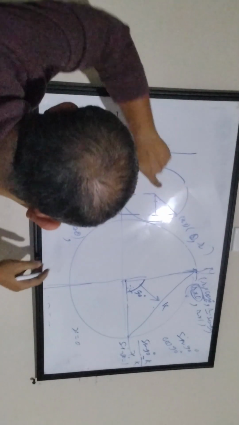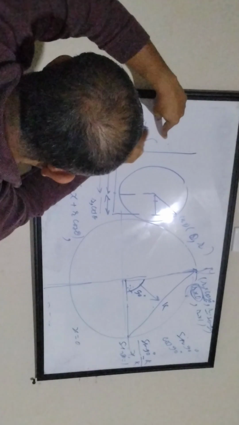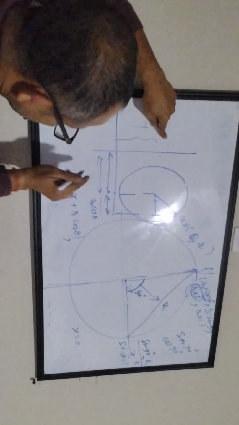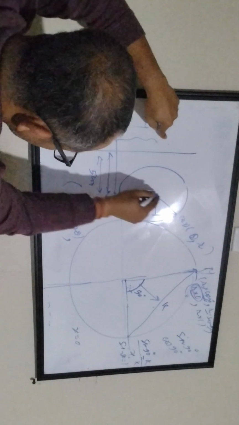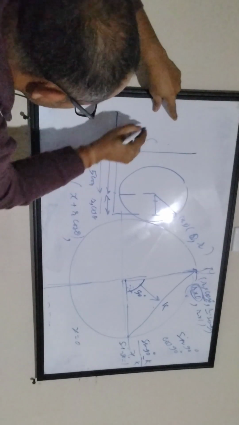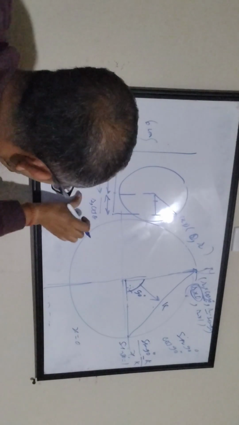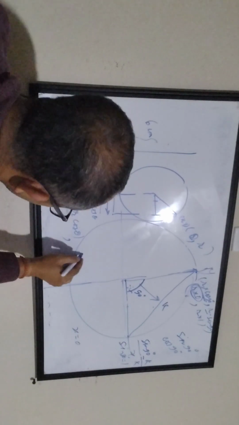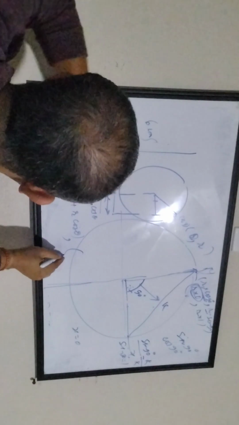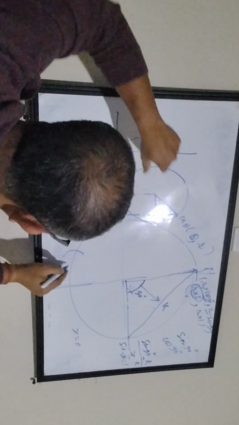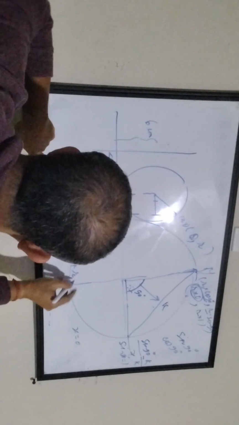For the sake of simplicity, let's say this is 5 centimeter away from here, and this is 6 centimeter away from the origin. So the x coordinate becomes 5 plus r cos theta, and your y coordinate will become 6 plus this height, so 6 plus r times sine theta.